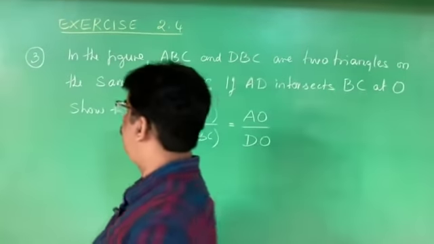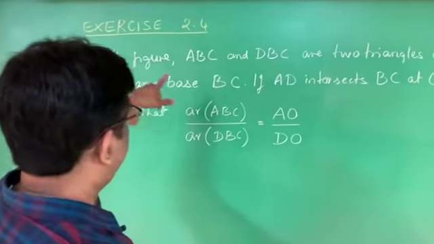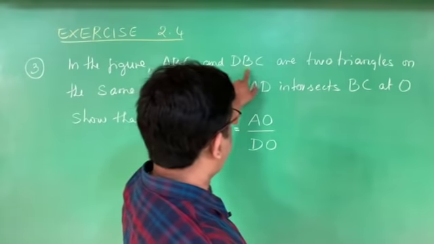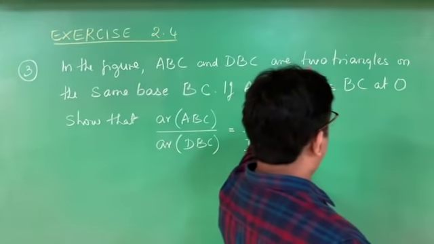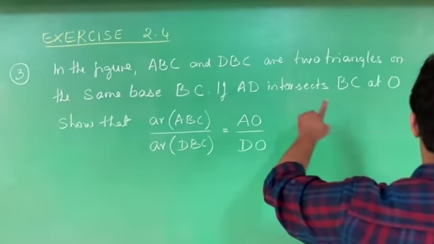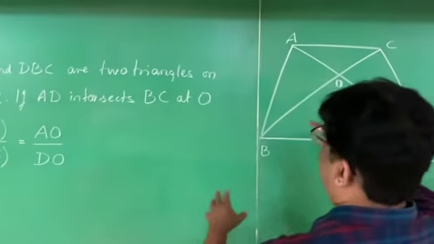Number 3. In this problem, a figure is given. In the figure, ABC and DBC are two triangles on the same base BC. See here, the diagram is given.